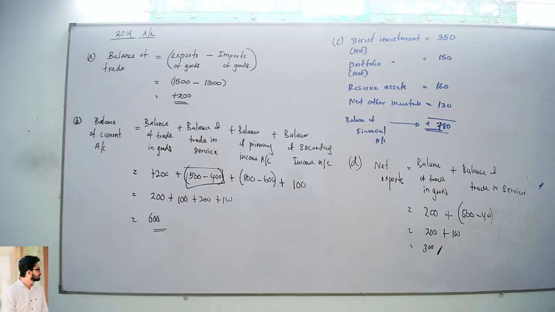Okay, right. Here, even though you are given private and government capital transfers net values, there is no separate question asking for the capital account balance. So no need to calculate the capital account balance.